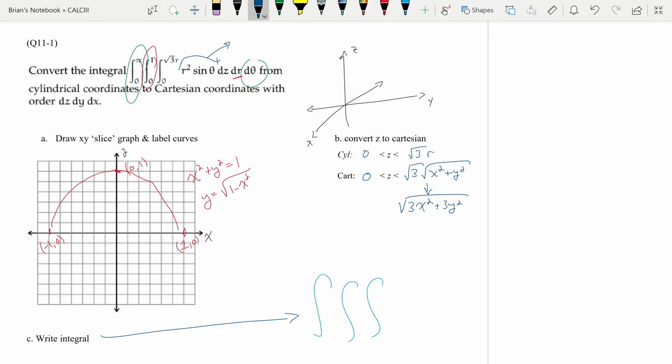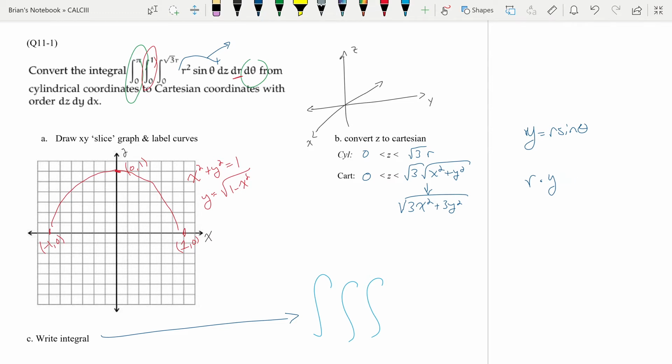Anybody? Think about it. Well, remember that y is equal to r sine theta. Is that correct? So we'd have an extra r, so it'd be r times y, and then that sine of theta would go away.